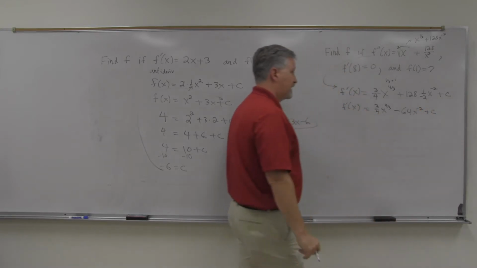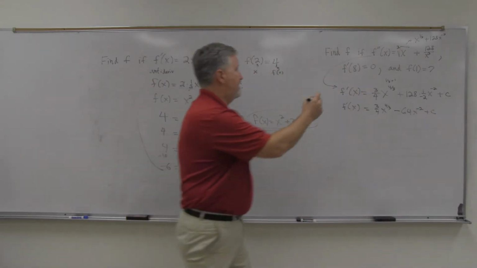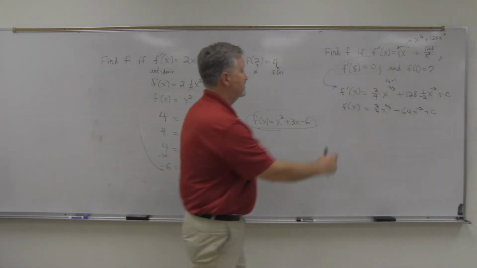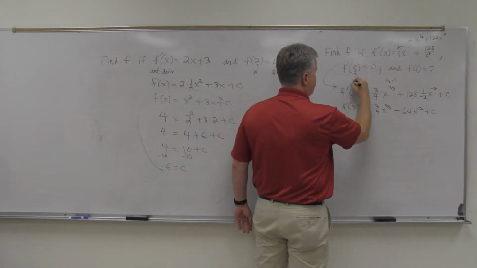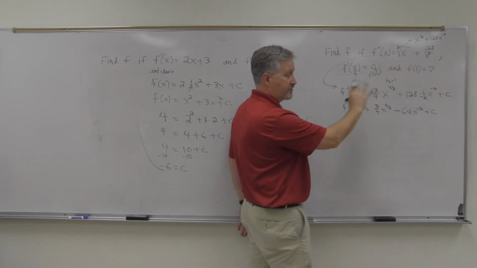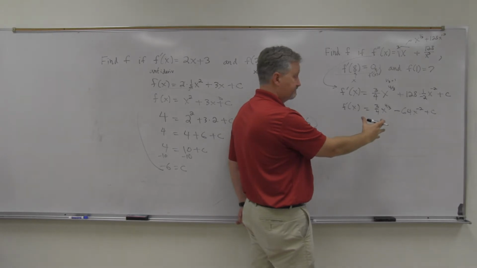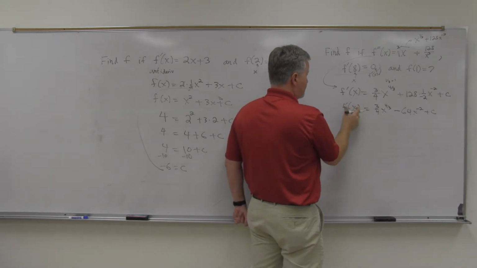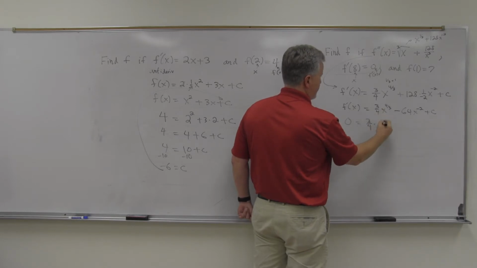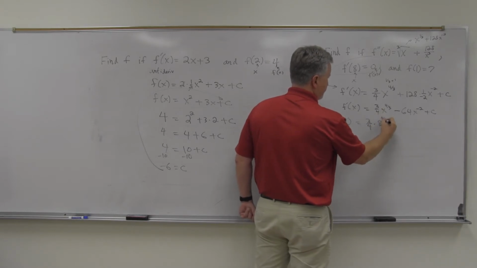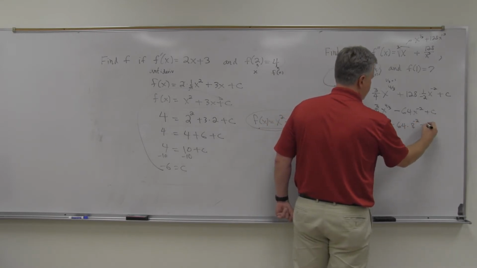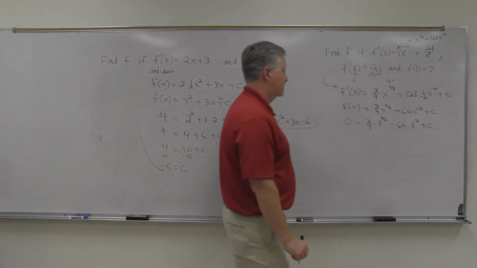Well, I can do that one better because I have f prime of 8 equals 0. That tells me when x is 8, f prime of x is 0. So I can plug those in and figure out what c is. So f prime is 0, 3/4, and the x is 8. 8 to the 4/3 minus 64 times 8 to the negative 2 plus c.